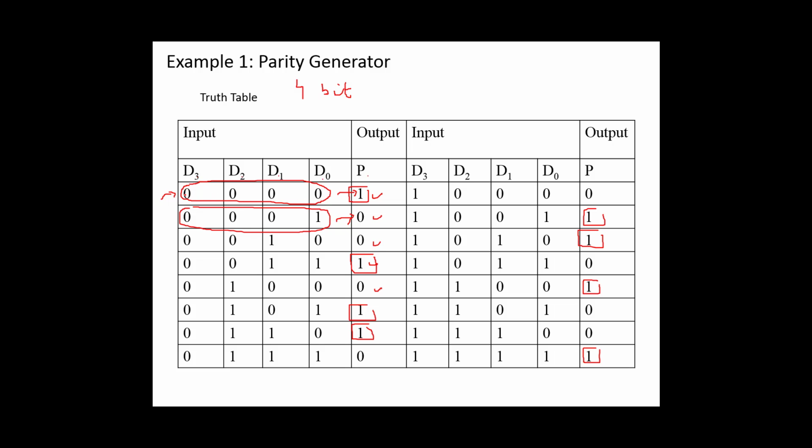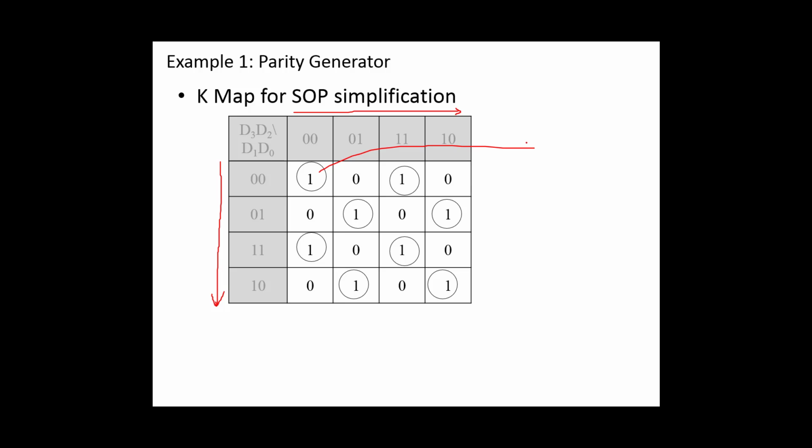For example, in the first row we have D0, D1, D2, D3, all of them equal to 0, so the min term corresponding to this box is D0 complement, D1 complement, D2 complement and D3 complement.